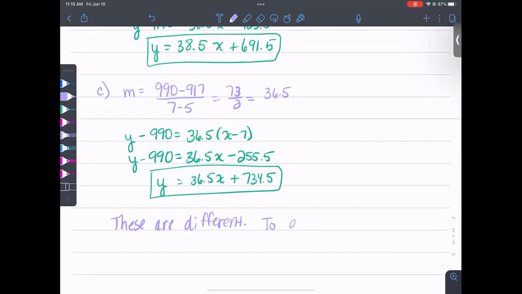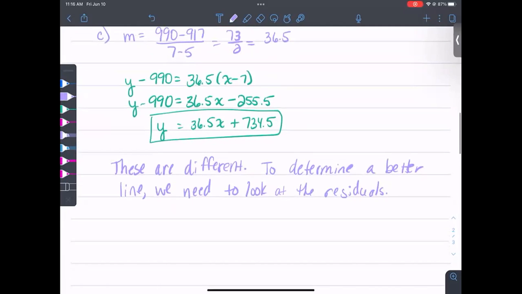To determine a better line, we need to look at the residuals. That may not be a word you've ever heard before. We're about to learn what that means.